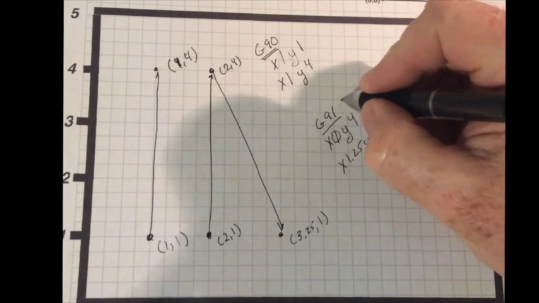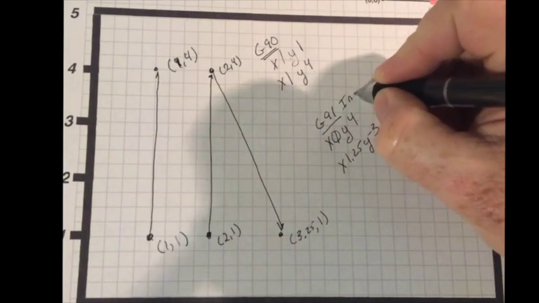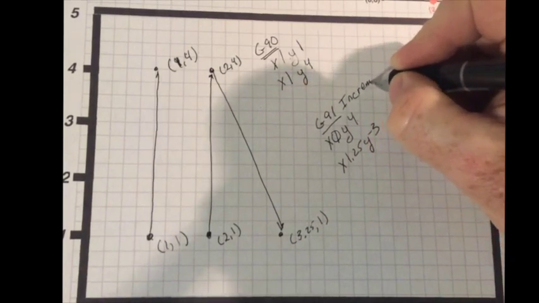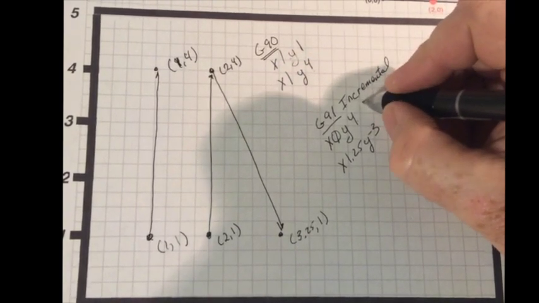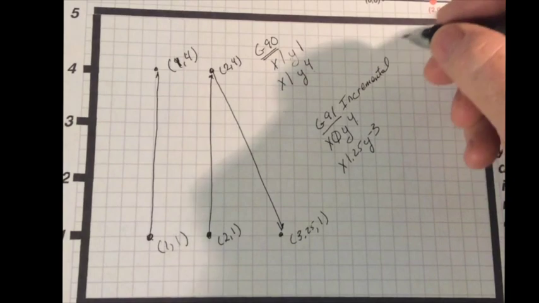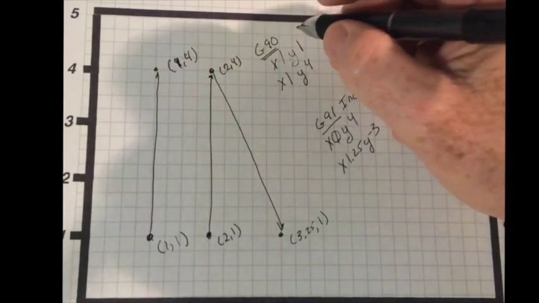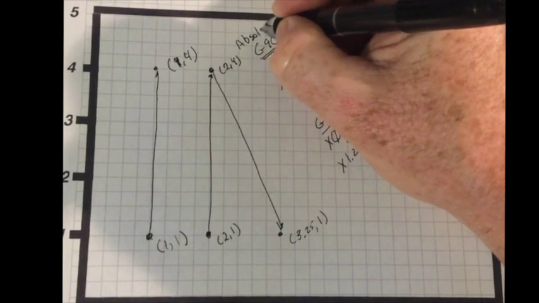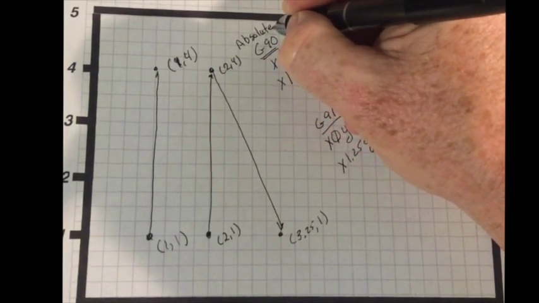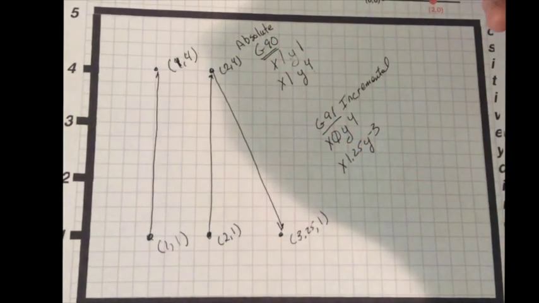So this is called incremental. You'll also hear this sometimes called relative, and this one is called absolute. So absolute gives you the Cartesian coordinate system every time.